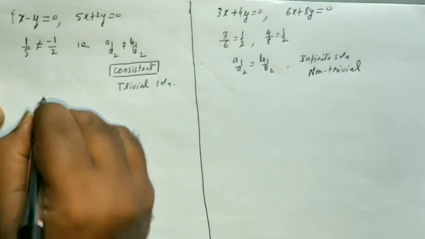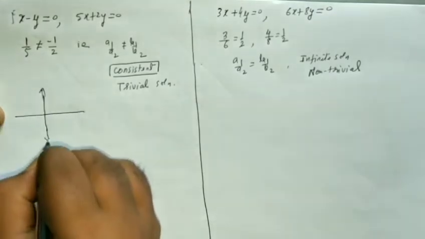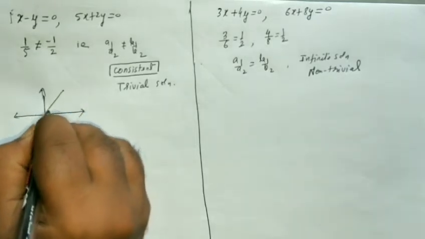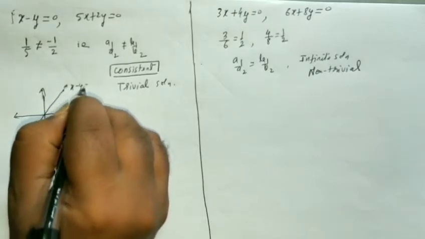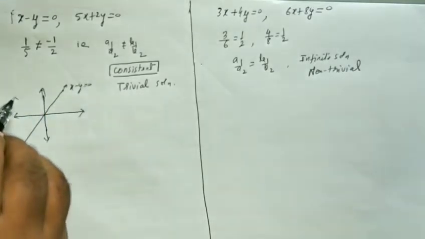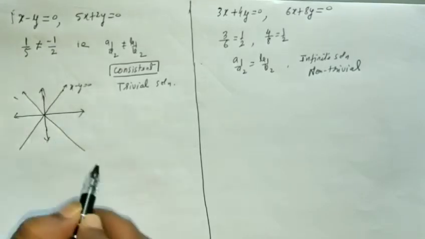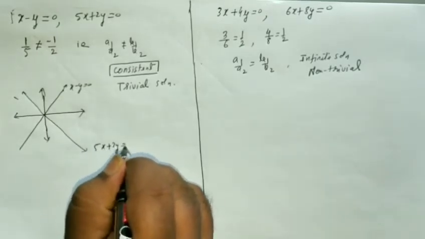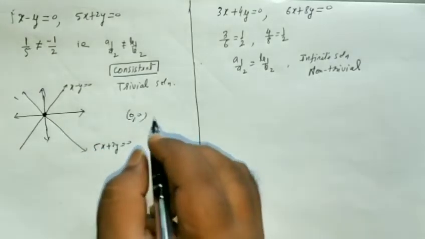Now why? Because when I plot this, you'll find this is the equation of x is equal to y, or x minus y is equal to 0, and this will be the equation of 5x plus 2y is equal to 0, and they meet here, at the origin.